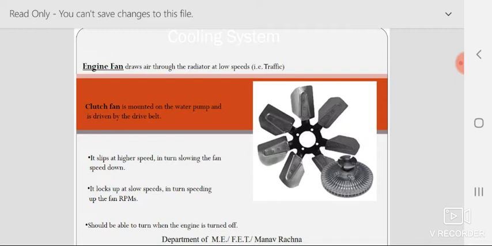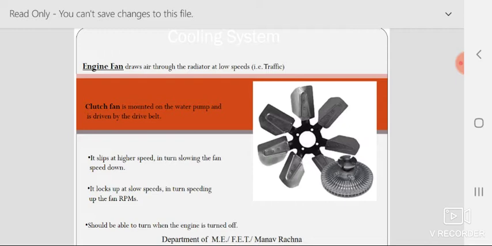So the engine fan should run at low speed. That can be done by sensing with the thermostat. The thermostat will raise and lower the speed of the fan depending on the temperature. When the engine temperature is low, you need not run the fan at higher speed. That saves a lot of power in the engine.